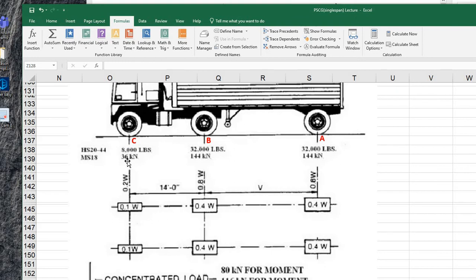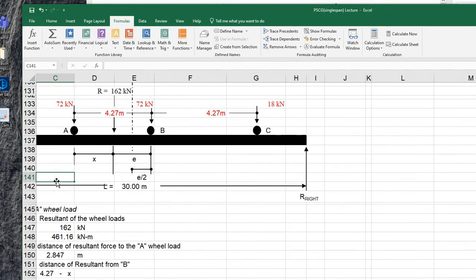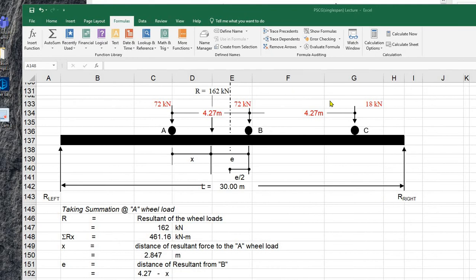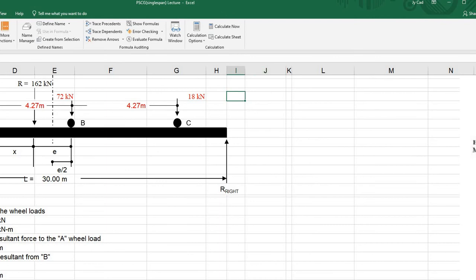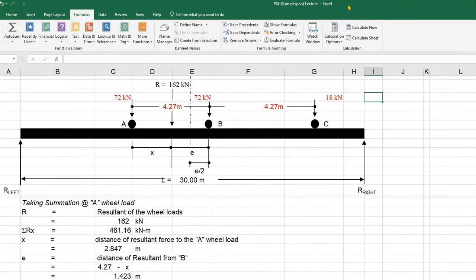So, total, you have 36 plus 36. So, magiging 72 kilonewton. Correction. Okay, so, yung 18 na yan, nanggaling yan dito sa 36 divided by 2. Okay, so split ko lang.